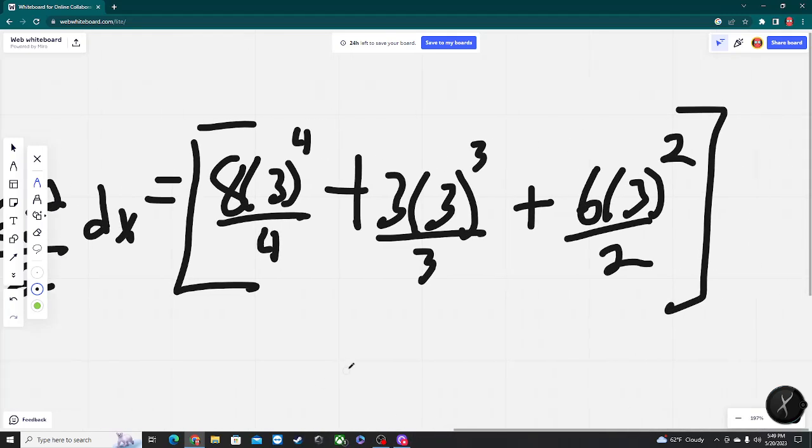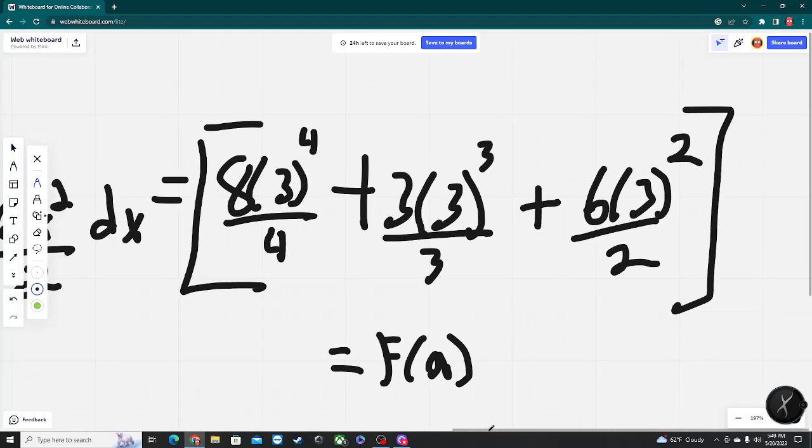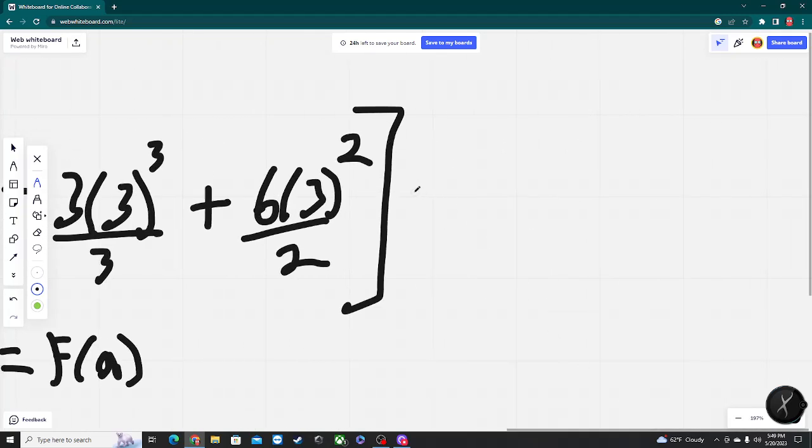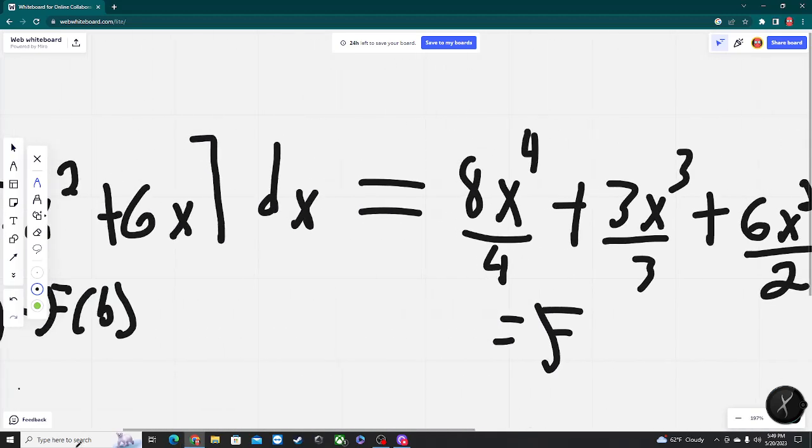So this is our capital F of A. Now, this is our minus. So let me just write that down here. That's our minus. That's our capital F of A. So we can see how we're starting to form the equation that we're looking for.